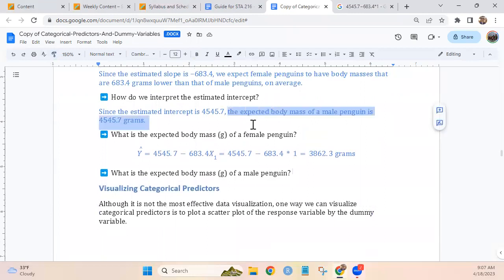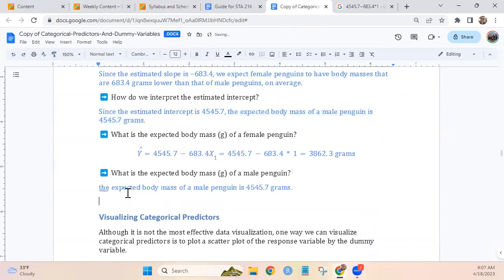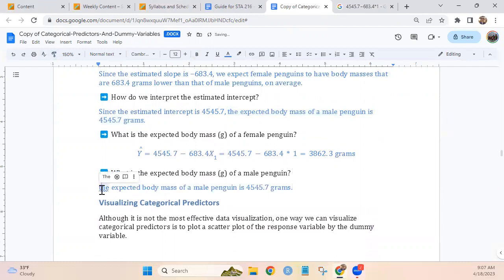And we already said this, the expected body mass of a male penguin is the estimated intercept.